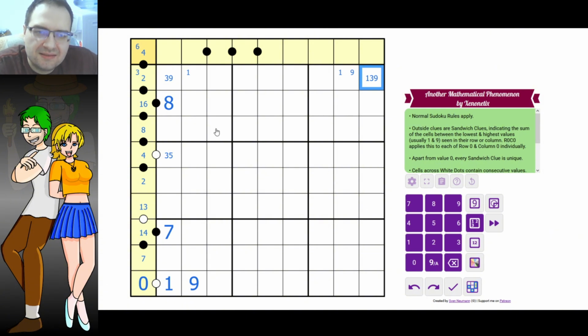Let's see something else, because now I need to go back to this. Because if this is a 9, this has to be a 35, which makes it the largest. Nine, 1.